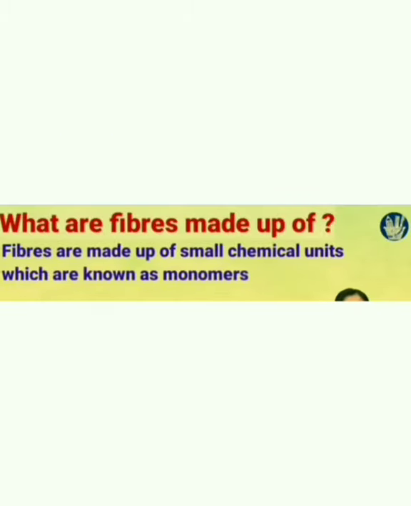Next, what are fibers made up of? Fibers are made up of small chemical units which are known as monomers. Let us see how it is made. Mono, that is single, and mer, that is unit, means single unit, that is called a monomer.